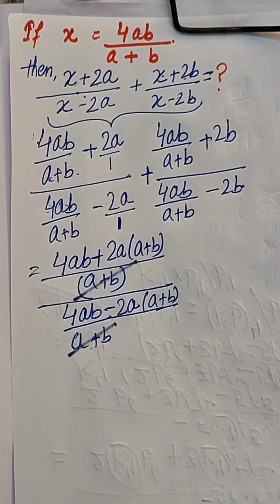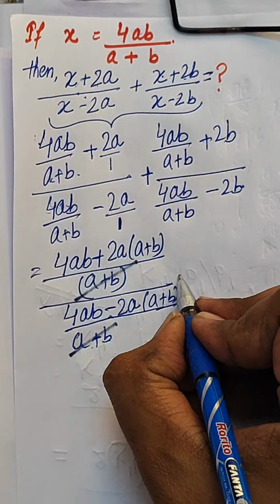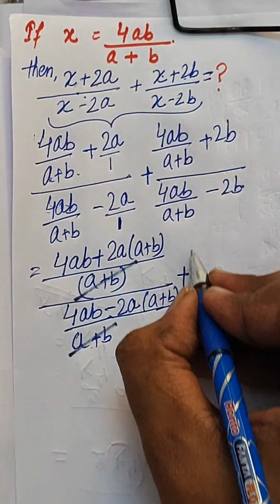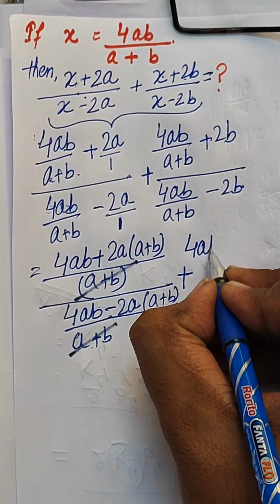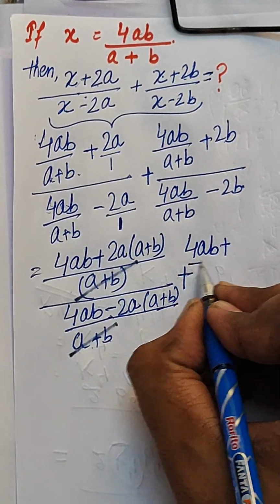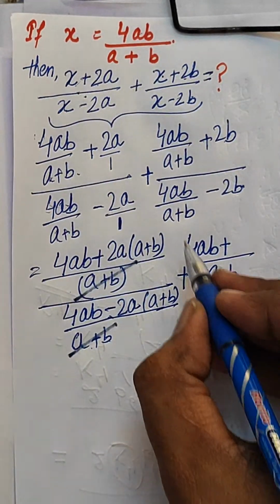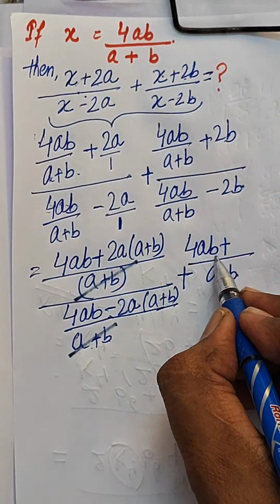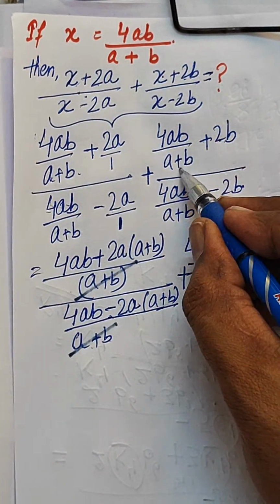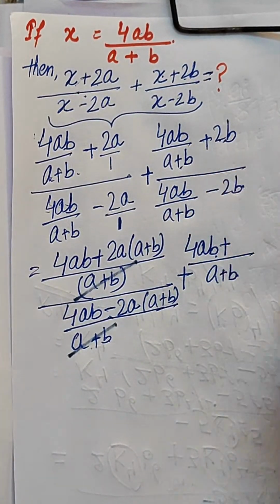Now in the second line you can see similarly 4ab, if you take LCM as a plus b, right, then 4ab will be as it is, and then this 2b will be multiplied with this a plus b.